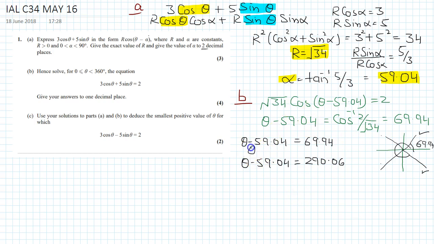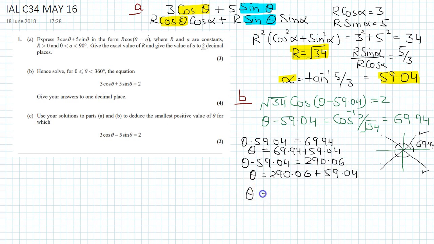So theta will be 69.94 plus 59.04, and this theta will be 290.06 plus 59.04.